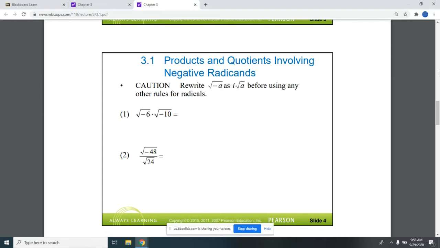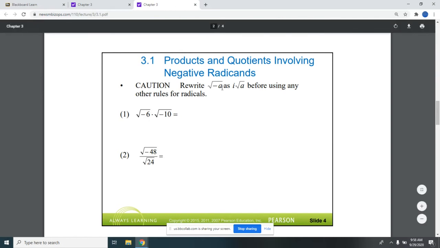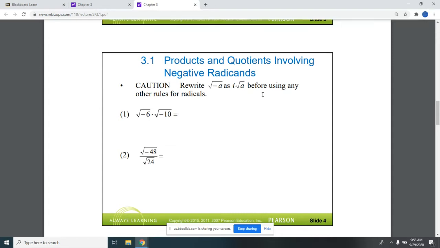Notice that in the directions, however, they tell us to rewrite the negative radicals as imaginary units before we begin any other rules for radicals. Let's take a look at these in a little bit more detail.